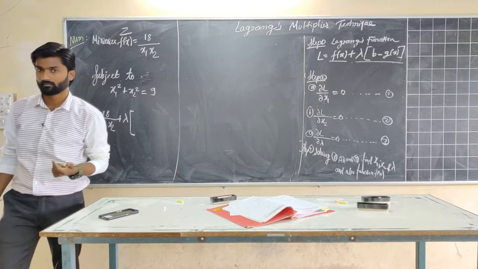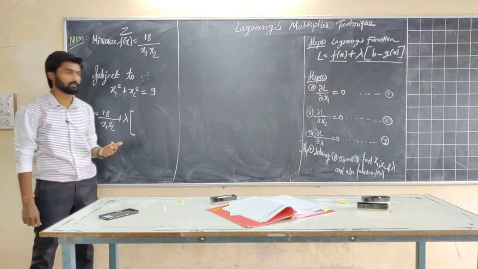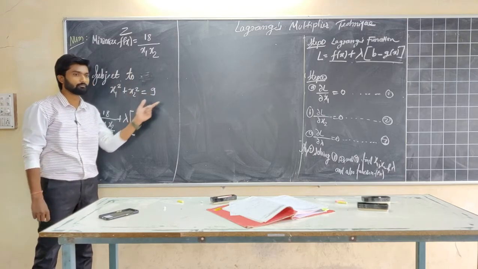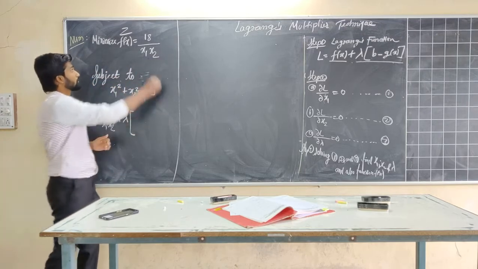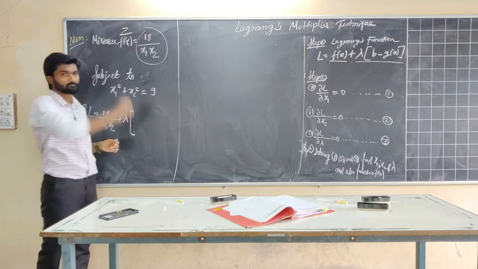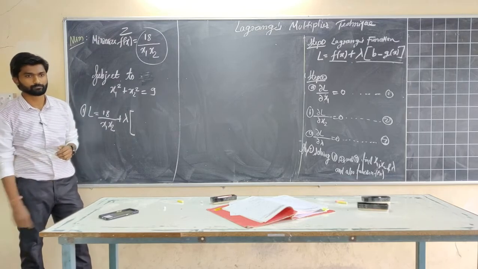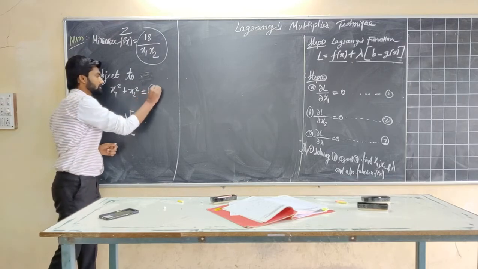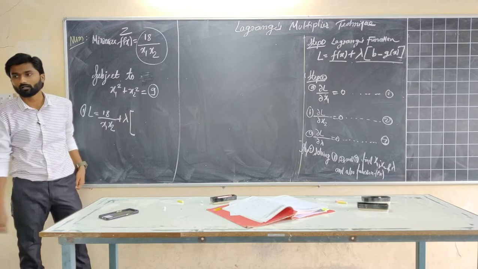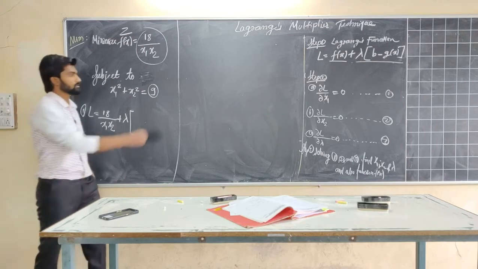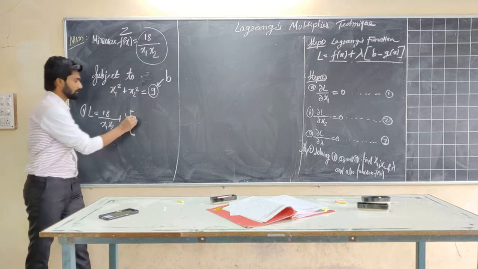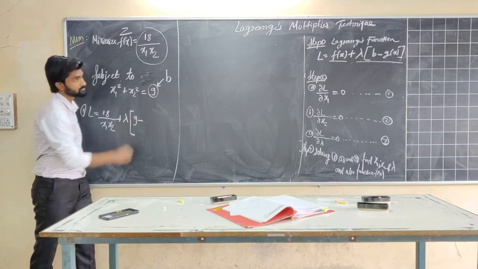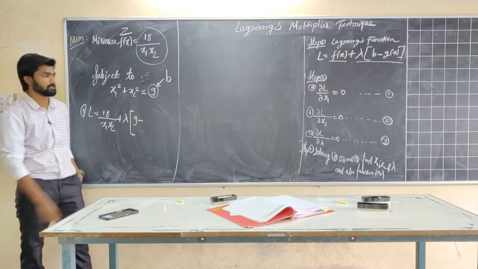Yes, b value from here, the whole statement which is in front of you, which is the b value. Now you already know that this is f of x. So what is b? This constraint value at the right hand side, constant value, this is nothing but what? B value.